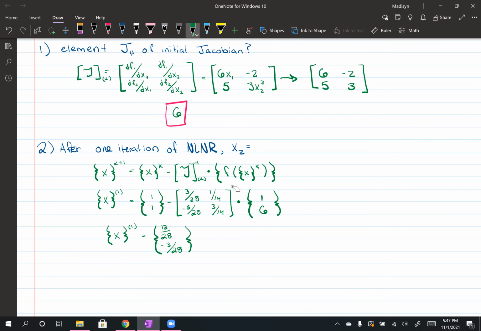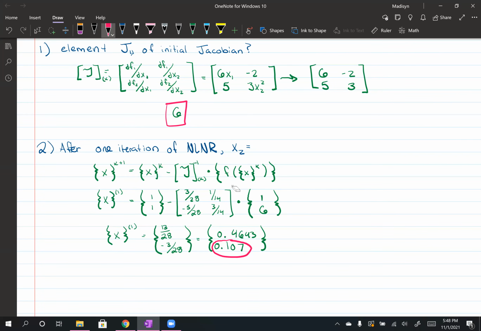That's not a super cute decimal, but 3/28 is 0.107 and 13/28 is 0.4643. So x sub 2 is going to be this ugly little number down here. So that's as far as I'm going to go today.